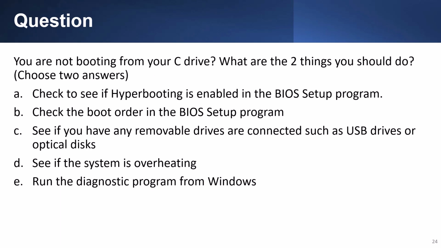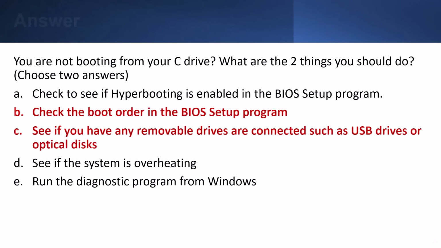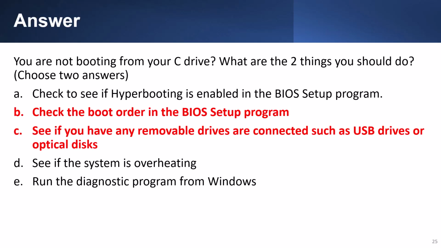What are the two things you should check first? Answer: check the boot order in the BIOS setup program and see if any removable drives are connected, such as USB drives or optical disks. Also check for network boots if you're in an enterprise environment.